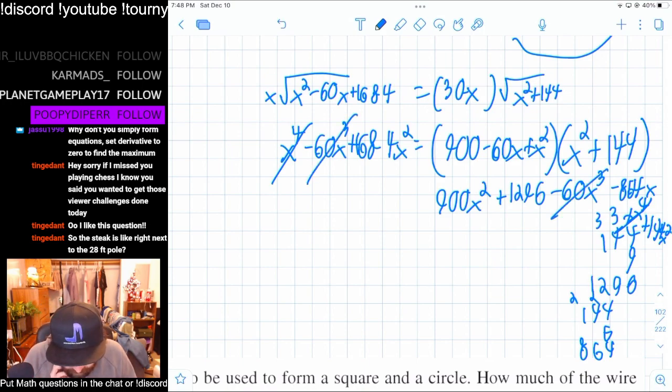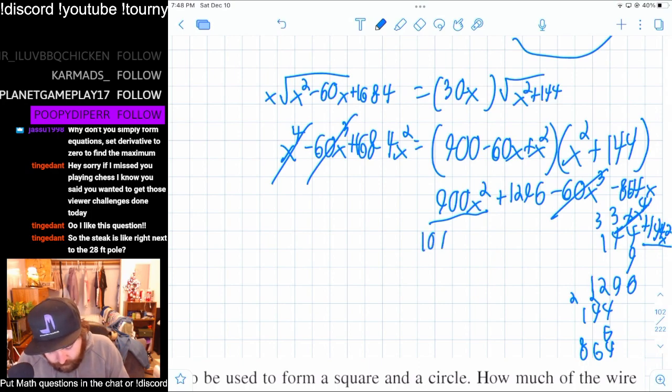And let's try to move everything to the right. So I have 900x squared, 144x squared, which is 1044x squared. Oh my gosh.